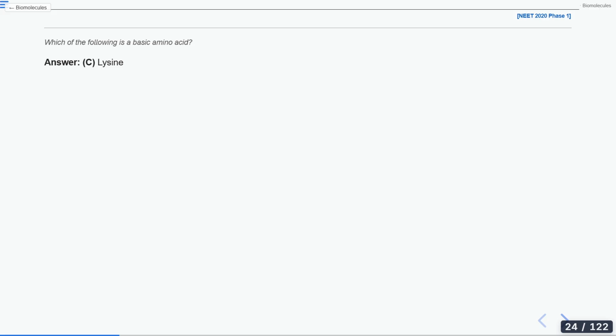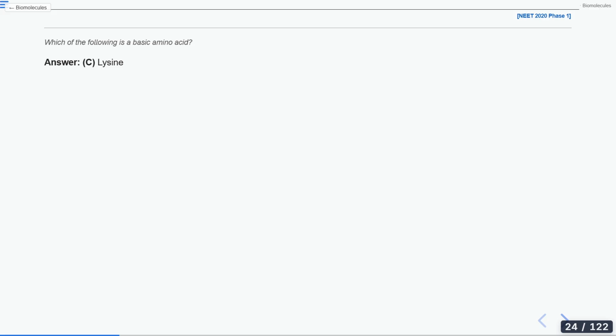Avinash is telling glutamic and aspartic. Remember, there are only 2 acidic amino acids, aspartic acid and glutamic acid. They have acid in their name itself, so you don't have to remember them any other way.